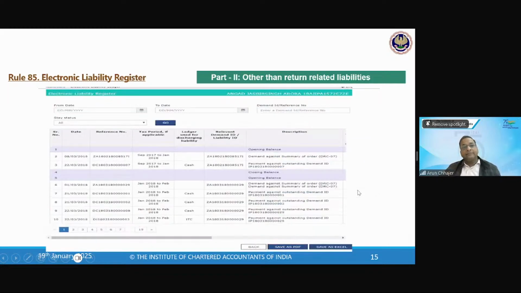In the same manner, other than returns related liability, suppose any demand order has been issued, DRC 7. You are not required to remember this form number, but it will create the liability and show how you made the payment. Like you are using the DRC 03 or sometimes you are using the demand against liability. Whatever you have used, it will credit.